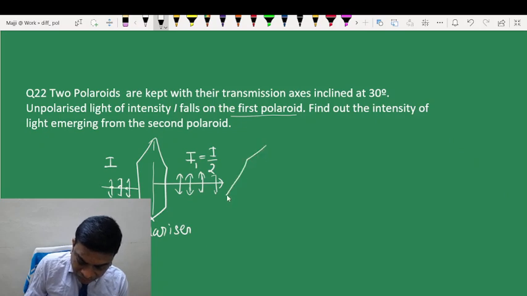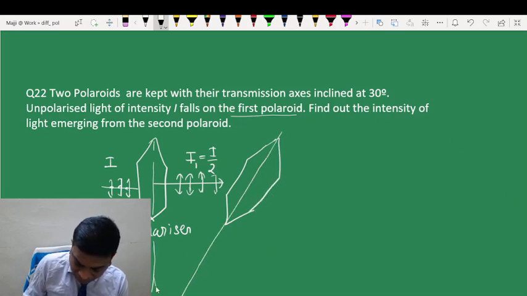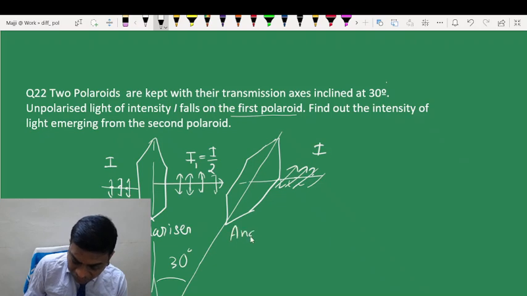Then you have another polaroid where the axes between them are inclined at 30 degrees. So the intensity of light coming out through the second polarizer, which you can call the analyzer, is the intensity of incident light, which is I1, into cos square theta.